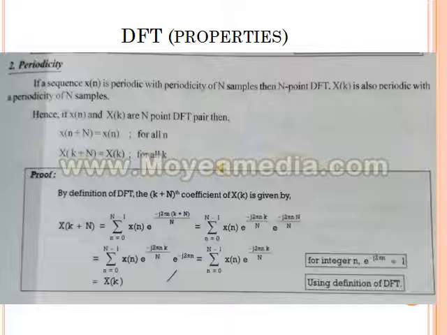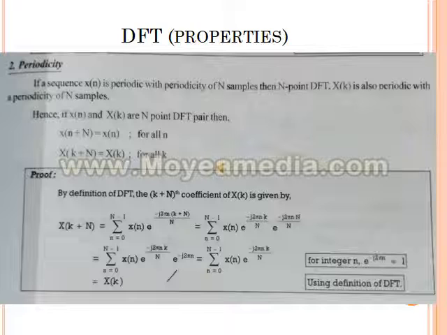So the signal x[n], that is a discrete time signal, is periodic with period capital N if and only if x[n plus N] is equal to x[n] for all n, and the DFT of the signal is periodic if X[k plus N] is equal to X[k] for all k. So we can prove this.